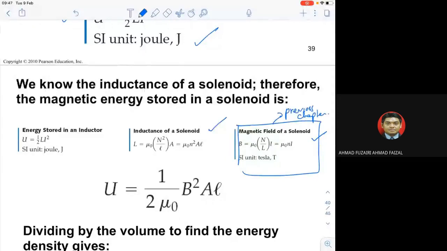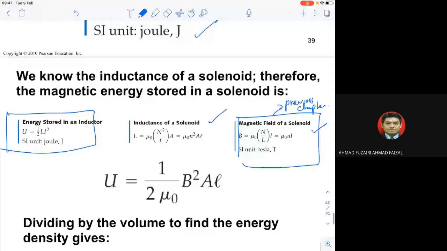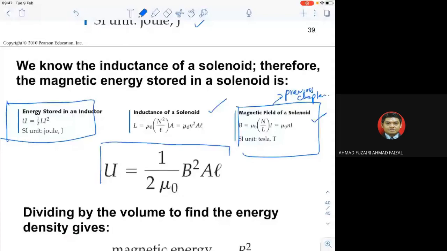The inductance of the solenoid is L equals mu naught N squared over l times A. And also half Li squared for the energy stored. So we can bring this out to half mu naught B squared A l. So the energy stored in the inductor can also be written as half mu naught B squared A l.